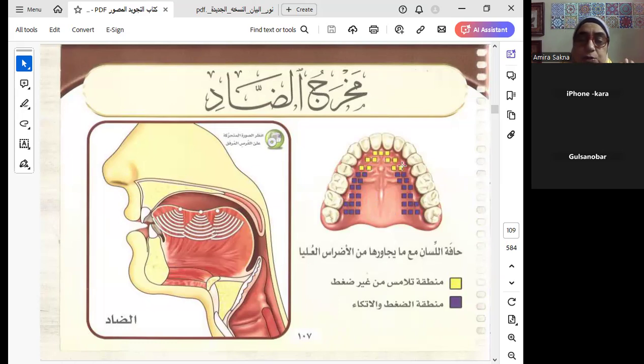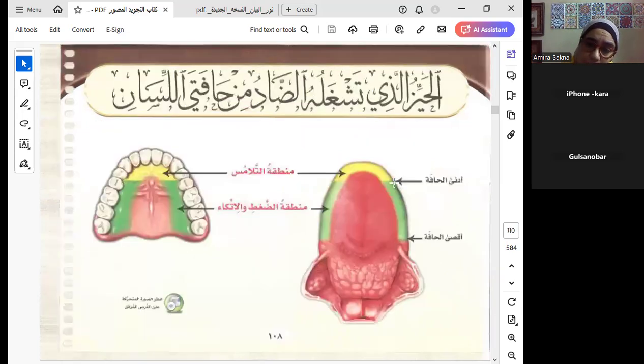The yellow part is where the tongue will be sliding a little. When you press very well in this area, the sound will be blocked, and it has to escape. So where is it going to escape? It's going to escape this way because it's open. All this area is open.